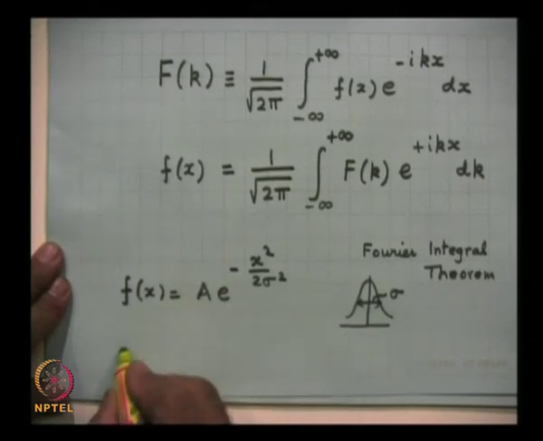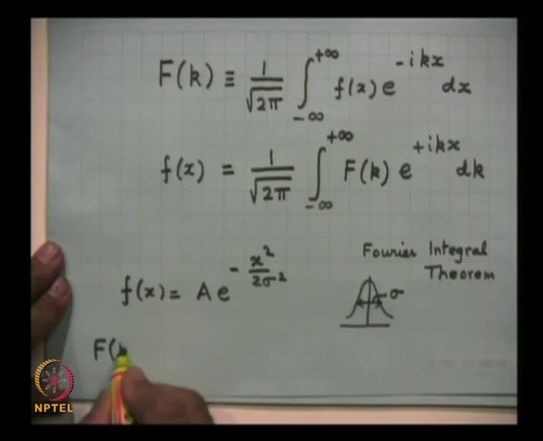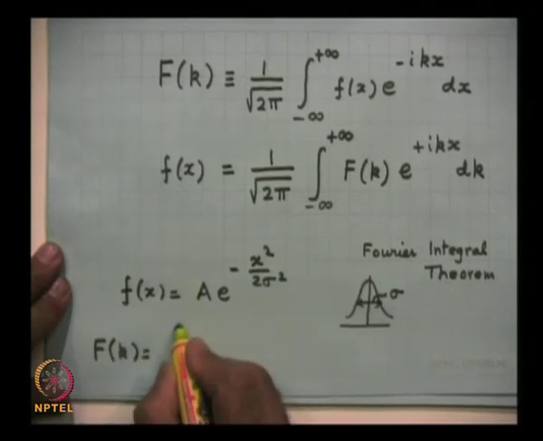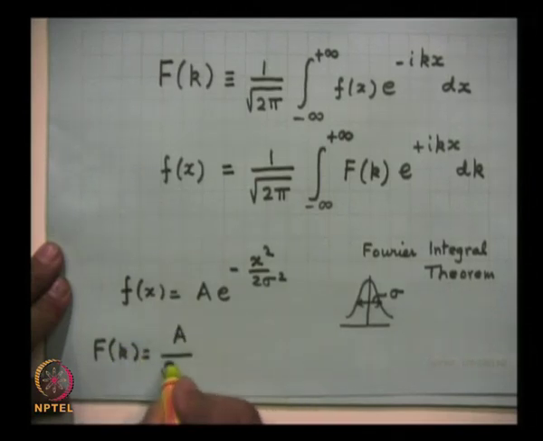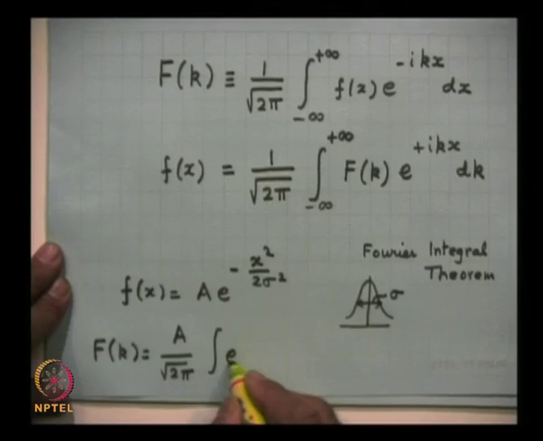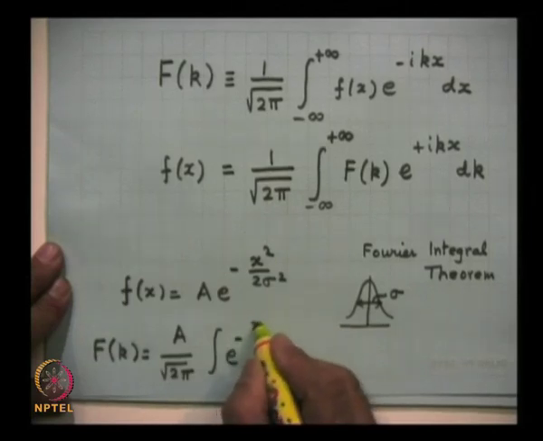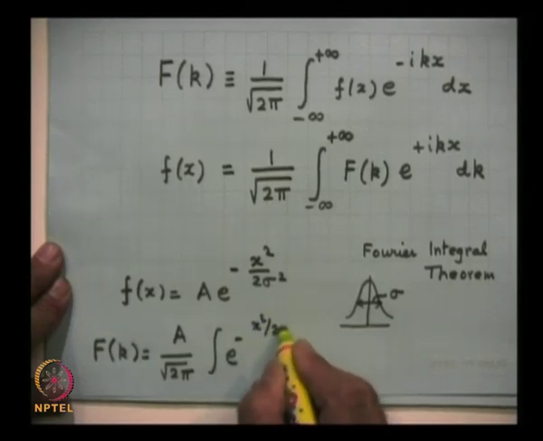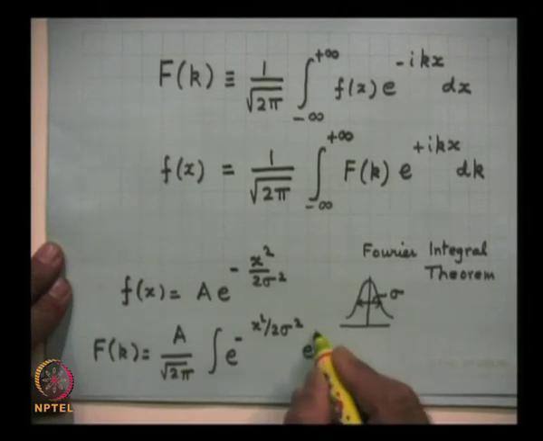Then its Fourier transform, f of k, will be equal to A over root 2 pi, the root 2 pi should be there, times the integral of e to the power of minus x square by 2 sigma square e to the power of i k x dx.